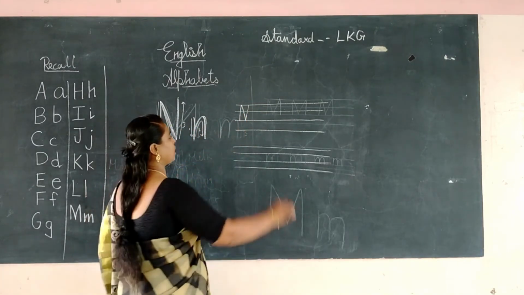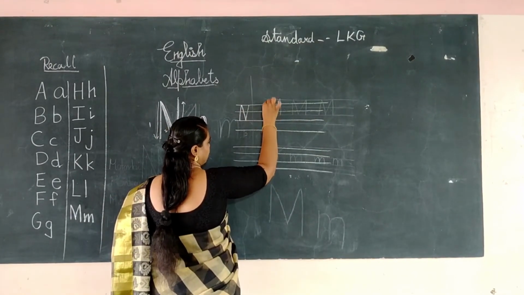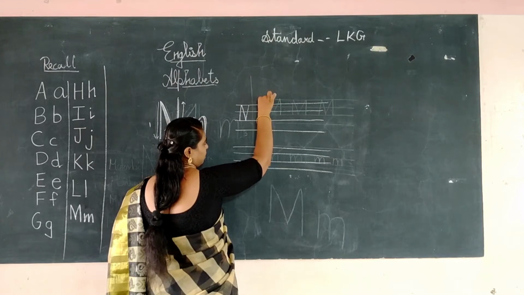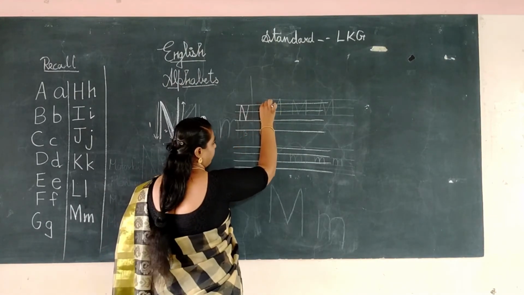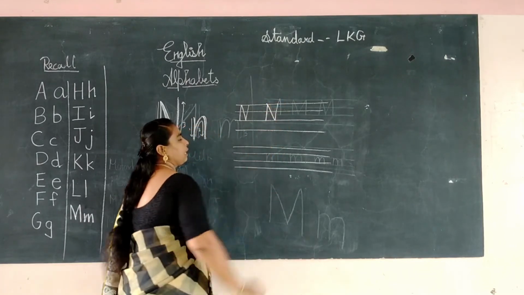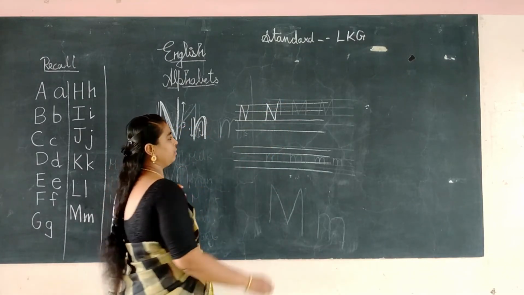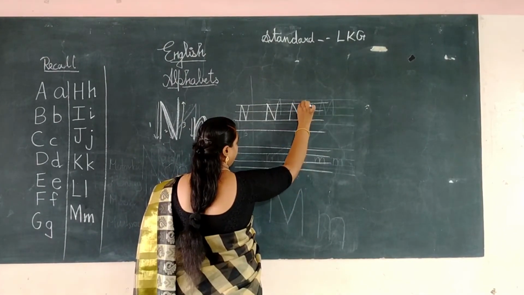Capital N. You want to start from the second blue line, go up to the red line, then again come to the blue line, then again go to the red line. Capital N.